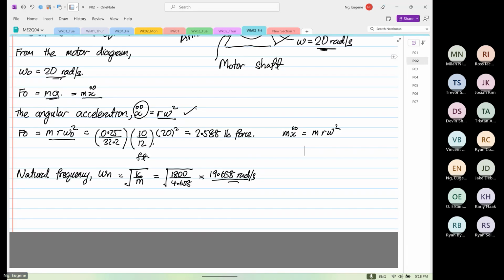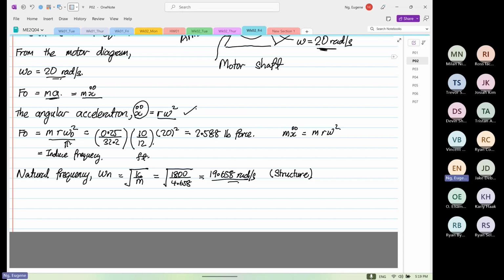So I'll put down here the natural frequency is looking at the structure. The omega naught down here is what we call the induced frequency.